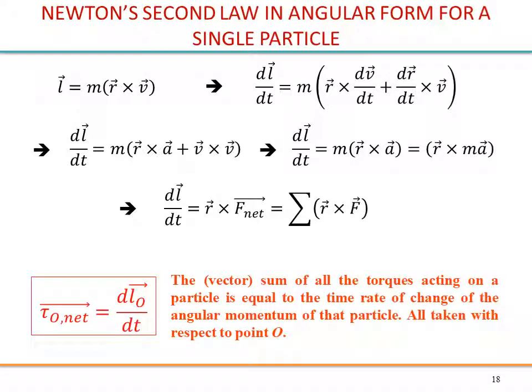So in the end, this is what we have established, Newton's second law in angular form, and this is a general law, always valid. Again, be careful, this is taken about a given point O, and this one also about the same point O.